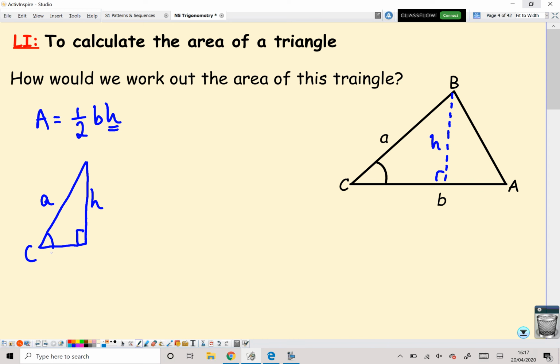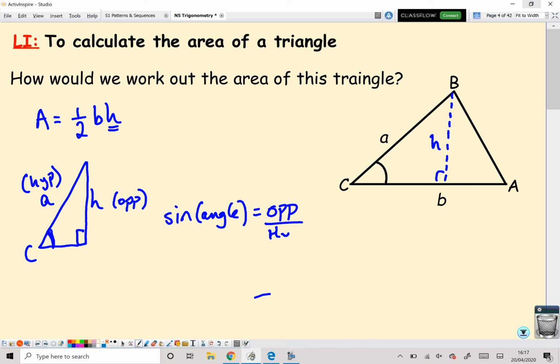Right? Now, using SOHCAHTOA, remember that's trigonometry for right angle triangles, we can say, from this angle at C, h is the opposite, and side a is the hypotenuse. So that would be the sine formula. Sine of the angle is the opposite divided by the hypotenuse.